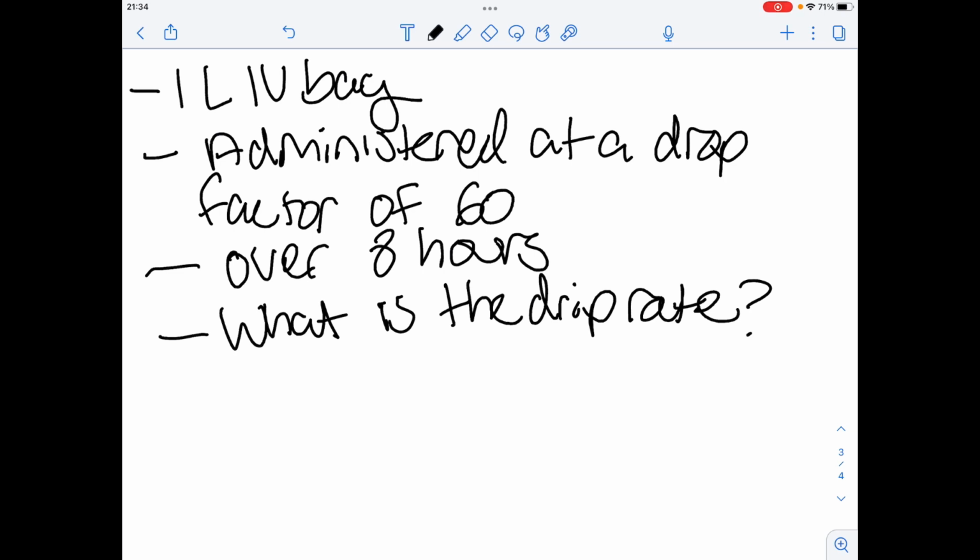So let's start. As I said, we're going to be using dimensional analysis, so the whole concept of needing to cancel units to get the units that you want.